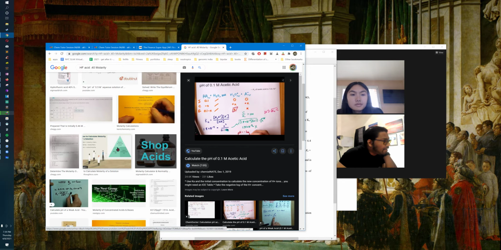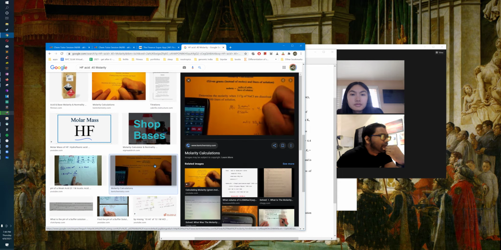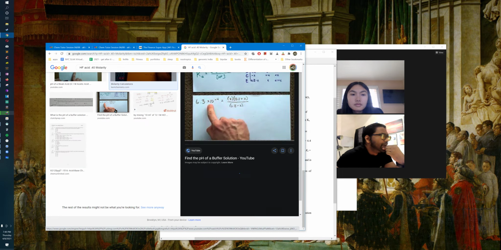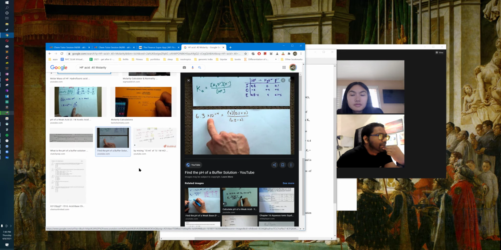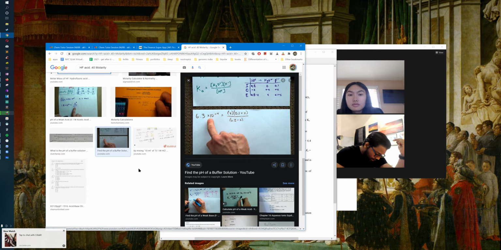All right. Because for the ICE table, it's like the equilibrium thing. So let me just do a sanity check here in purple.